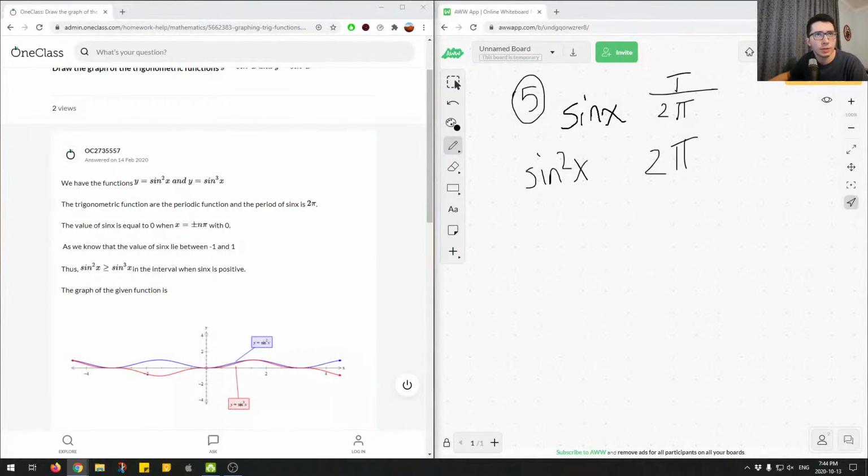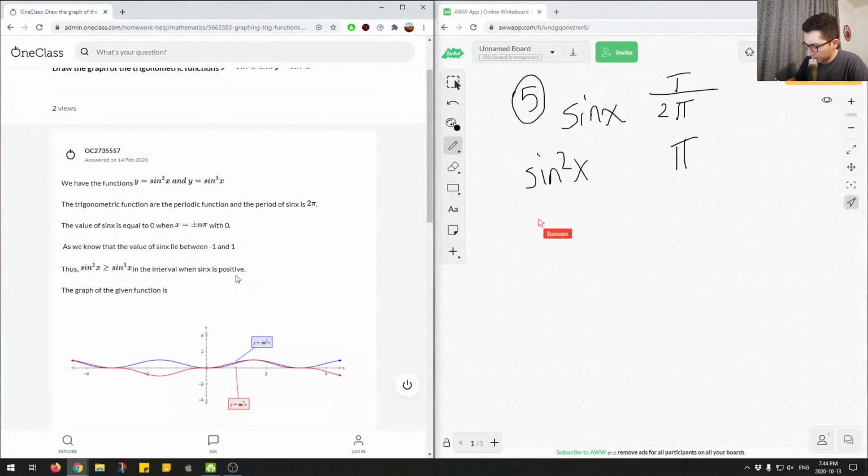Okay, actually it would be just pi. I was thinking of something else. So here we can see from the plot that from 0 to 3.14, this section of sine squared x is repeating over and over, so we know this is the period.